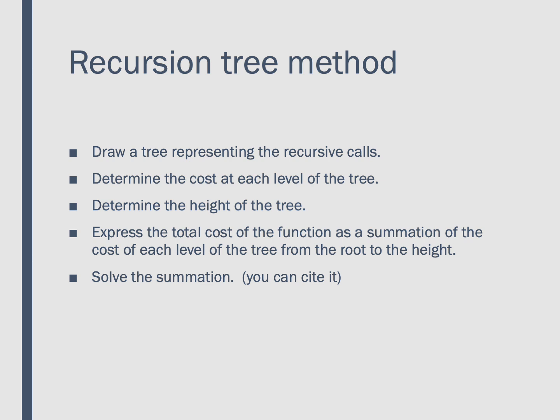Then we determine the cost of each level, determine the height of the tree, express the total cost as a summation, and solve the summation. We'll have an example and discussion coming in the next slide.